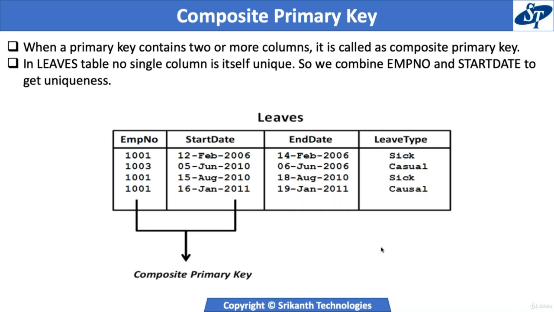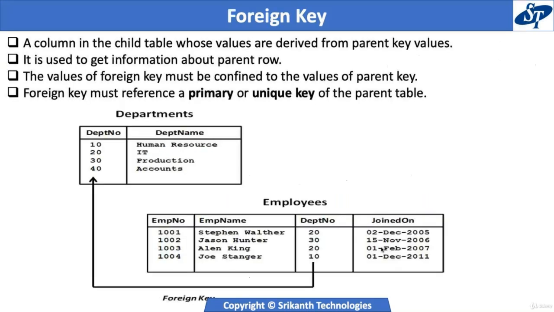So in this case, I'm putting employee number and starting date together to make it unique. So such a primary key, which is made of multiple columns, is known as a composite primary key. You got to remember these terms because we keep running into these terms every now and then. So, primary key, composite primary key. Composite primary key is a primary key consisting of multiple columns.